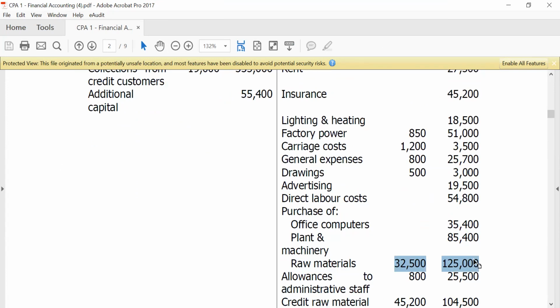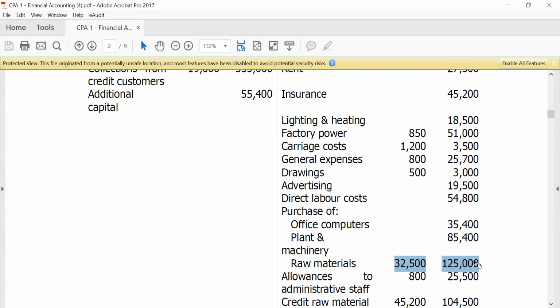But one of the things that you need to realize, just like I said, is how a cash flow differs from a trial balance. These 32,500 and 125,000 only relate to purchases that have been bought by means of either cash or bank. But any business like this one also has what we call credit purchases.